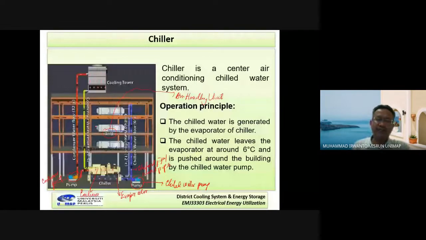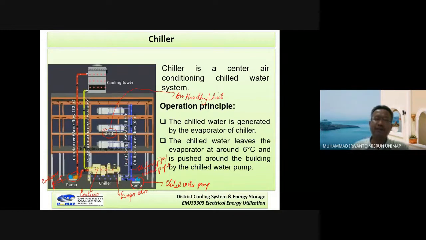After finishing this process, the chilled water has a higher temperature than in the rise pipe. It was around 6 degrees Celsius, and after the process the temperature becomes higher, for example 12 degrees Celsius.